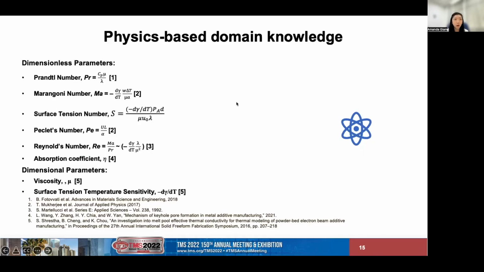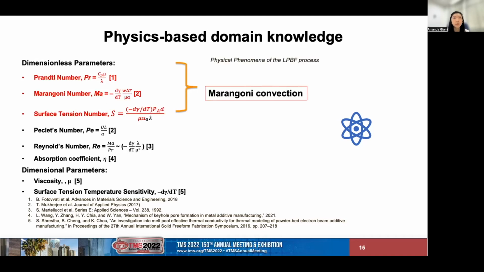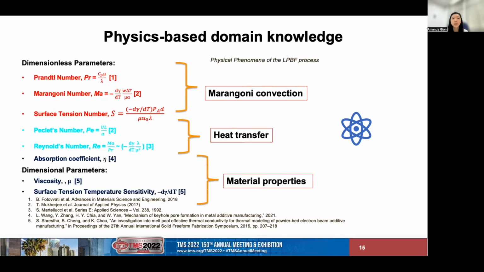From domain knowledge, we know that there are certain important dimensionless as well as some dimensional parameters that are very closely related to important physical phenomena of the laser powder bed fusion process, such as the Marangoni convection, heat transfer, as well as material effects.